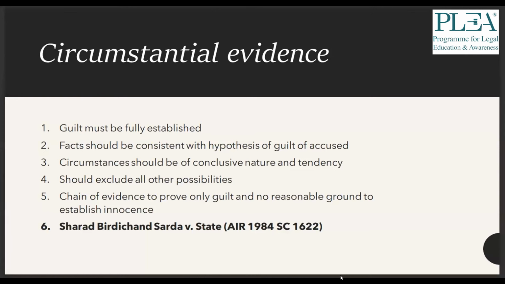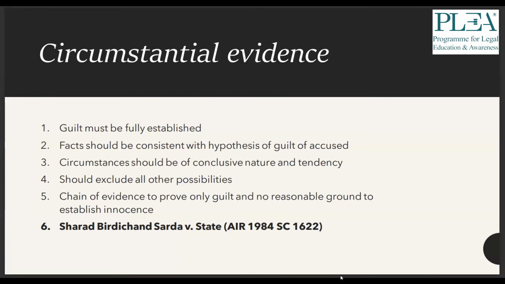As we mentioned earlier, the burden of proving the guilt of the accused lies with the prosecution, that is the state, and if circumstantial evidence is involved in the case, then the chain of evidence furnished by the prosecution to the court should only prove the guilt of the accused. And this is all very nicely included in this case law.